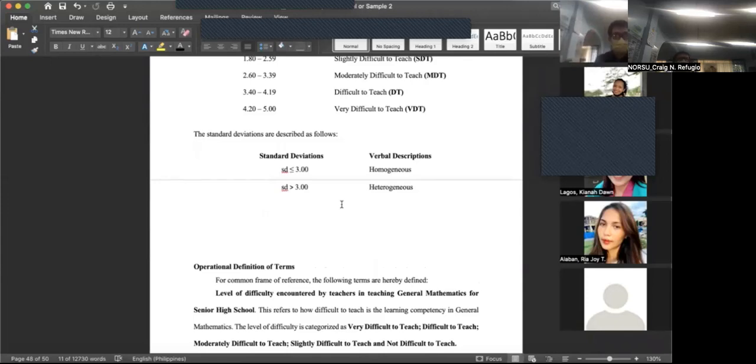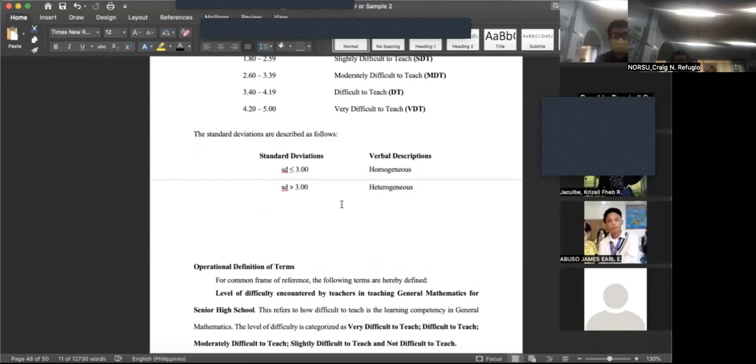And these are the terms that have special meanings. These are the terms whose meanings can only be found in your own study. And as a researcher, you have the legal right to define the terms based on how you use those terms in your research proposal.